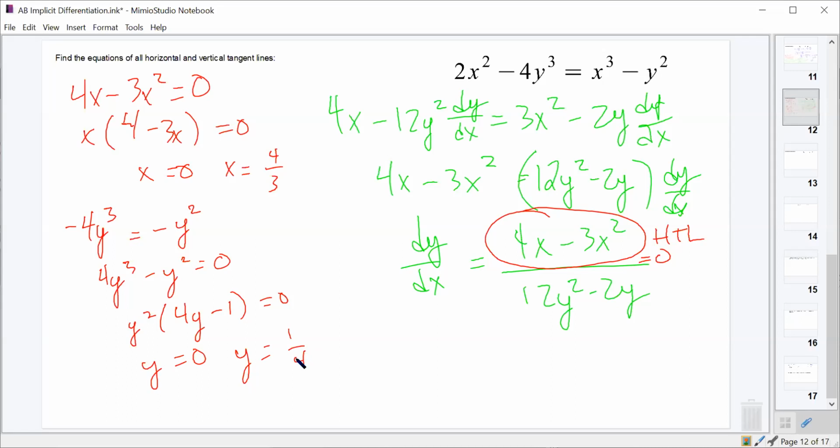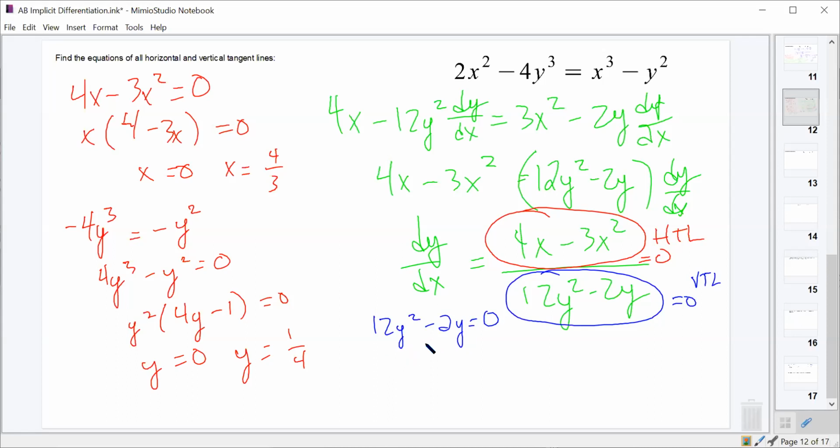We're going to come back to that in just a second. Let's do the vertical tangent lines, because there's a little bit more we have to unpack with that. We want the denominator to equal 0 for a vertical tangent line. So that'll be 12y squared minus 2y equals 0.